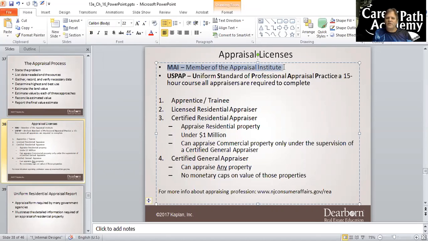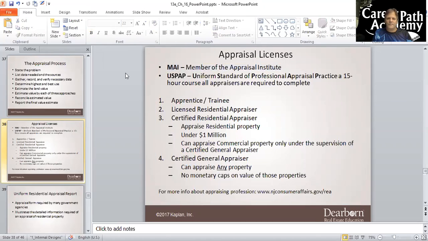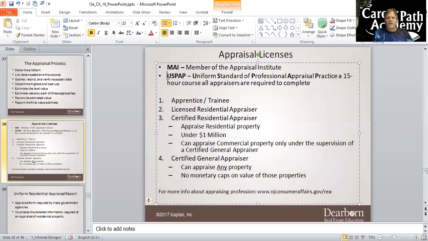They become members of the Appraisal Institute. After you become a member of NAR, we have to take that Realtors Code of Ethics training class. What the Realtors Code of Ethics is to us, USPAP is to appraisers, the Uniform Standards of Professional Appraisal Practice.